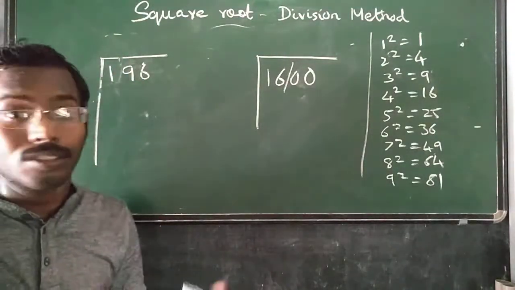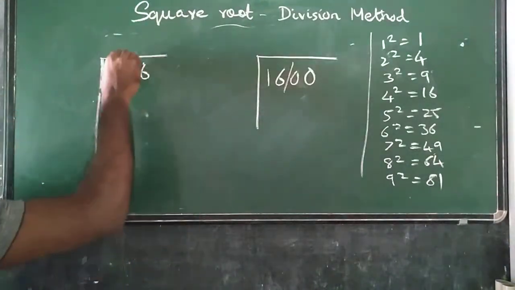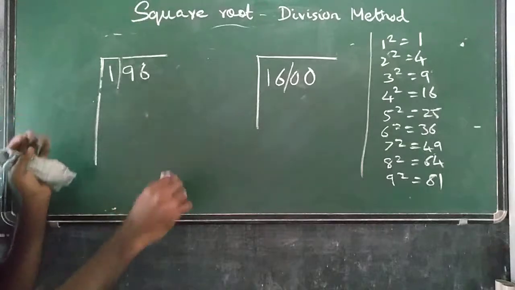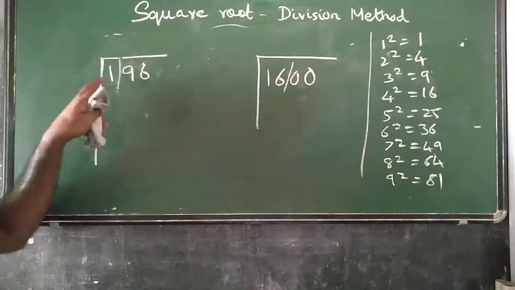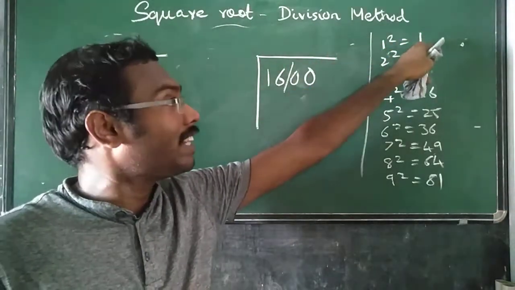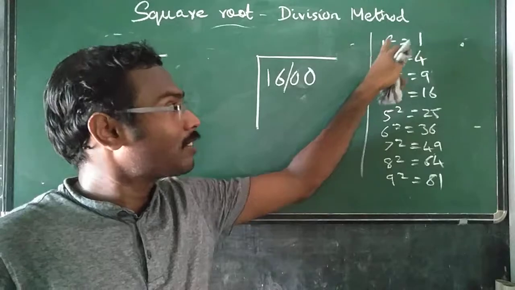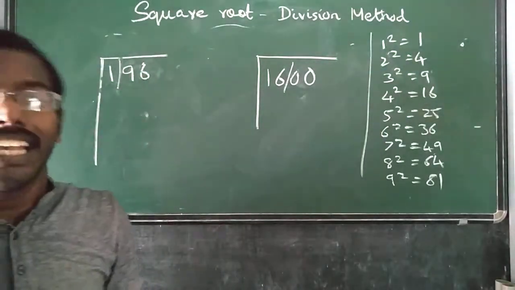That is why I am telling you, if it is an odd number of digits, 3, 5, 7, 9, take the first digit alone separately, and the remaining 2 you can take together. So the first digit is 1. Which number is nearest and at the same time less than or equal to 1? 1 square is 1. It should be nearest and at the same time less than or equal.